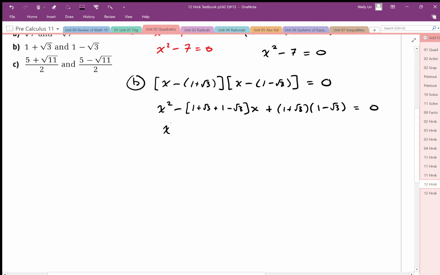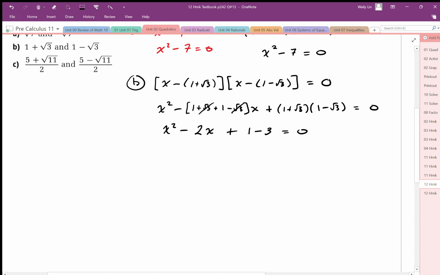So I get x squared, and the plus root 3 and the minus root 3 cancel out in the coefficient. So I end up with 1 plus 1, that's 2, and then my variable is x. This constant term, if I expand this out, I get 1 squared minus root 3 squared, which is 3.